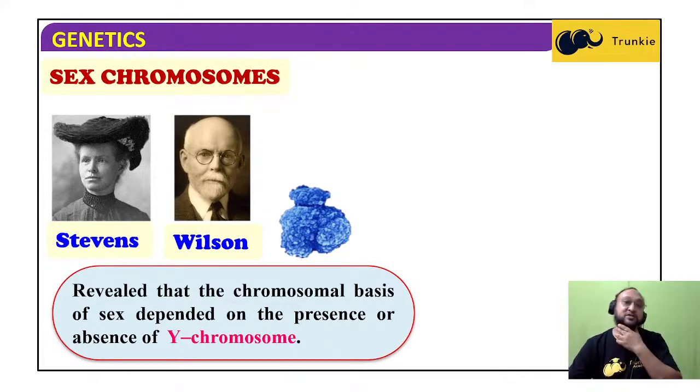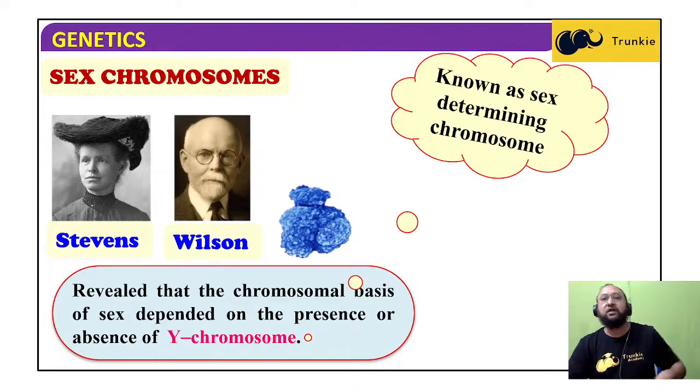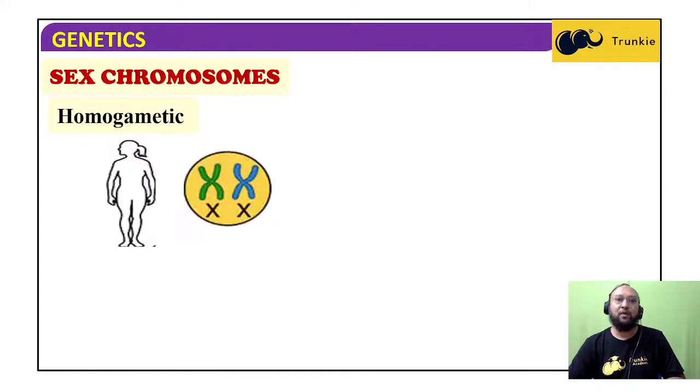If the Y chromosome is not present, it will be a female child, and if the Y chromosome is present, it will be a boy child. So the Y chromosome plays the key role and is known as the sex determining chromosome, because it is the most important chromosome which determines the sex of the child.